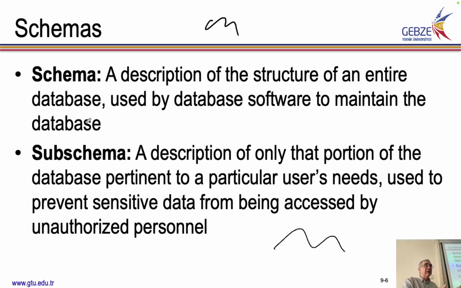In which fields? GPA, the course name, course code, the grade, pass, fail, obligatory or not. So that information indicating what we have is called schema, the database schema. And if we are interested in only part of it, it is called a subschema. So still schema, but subschema.